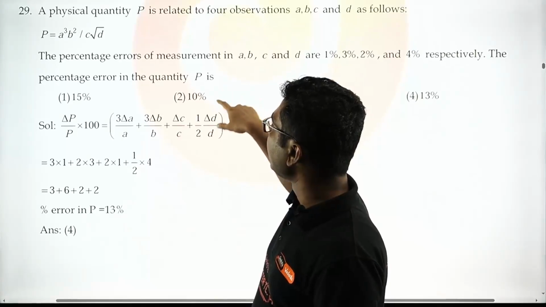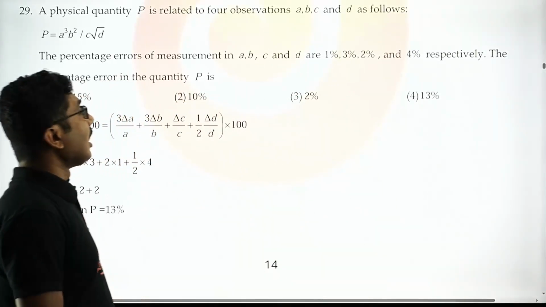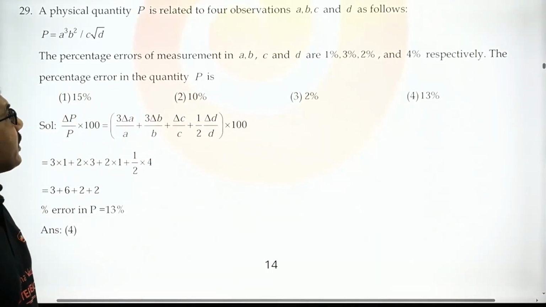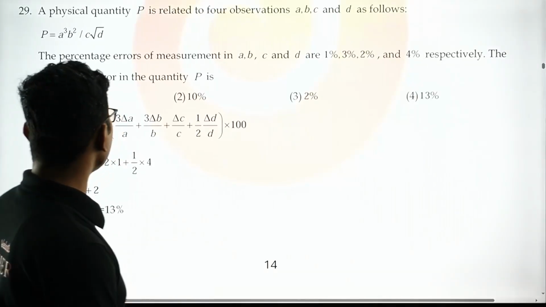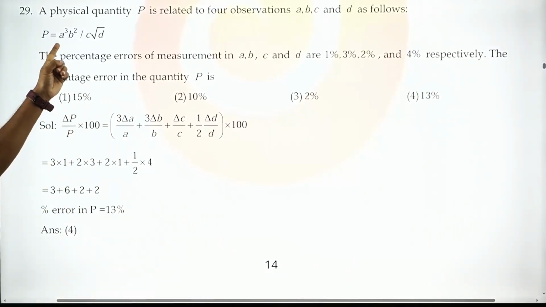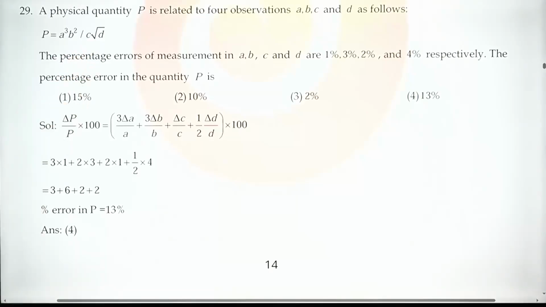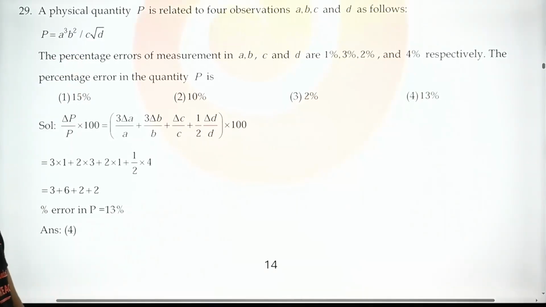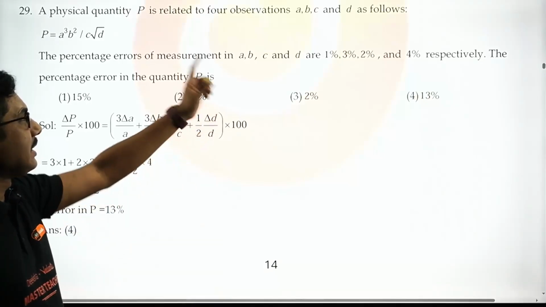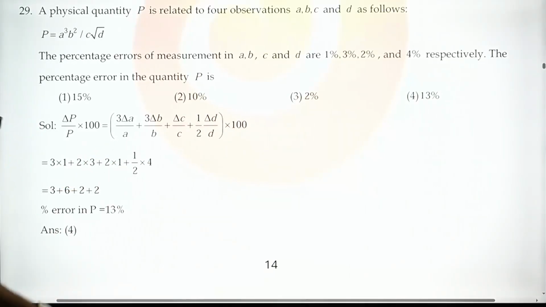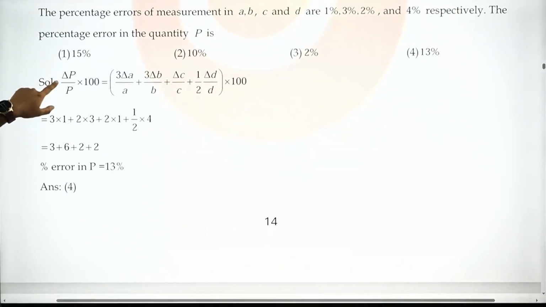A physical quantity P is related to 4 observations A, B, C and D as follows. P is related to A cube, b square divided by c root over d. The percentage errors in measurement of A, B, C and D are 1%, 3%, 2% and 4%. What is the percentage error in the quantity P? So you have to differentiate it and then divide by P, right?